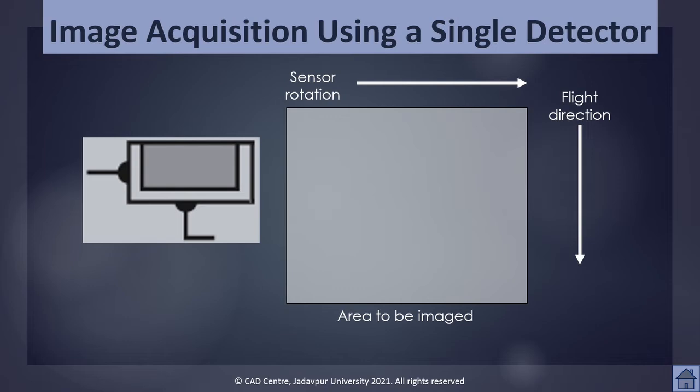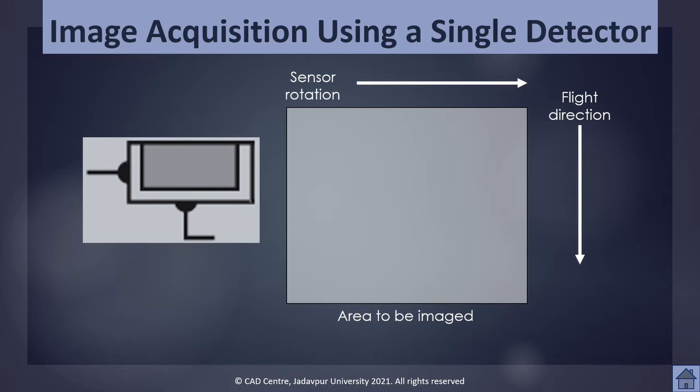Now, the question is how the entire image will be generated, because in the entire image we have many pixels. It is basically a two-dimensional array of pixels. So, there are different techniques for generating the image. A single detector can be used. Theoretically, it is possible. Practically also, it was implemented in the earlier remote sensing ages. One line of detectors can be used, and area array detectors can also be used. We shall discuss them one by one.